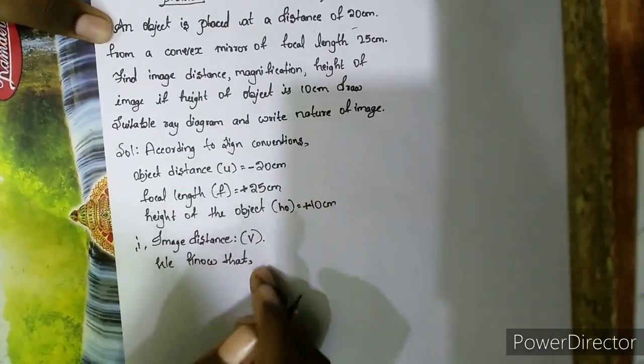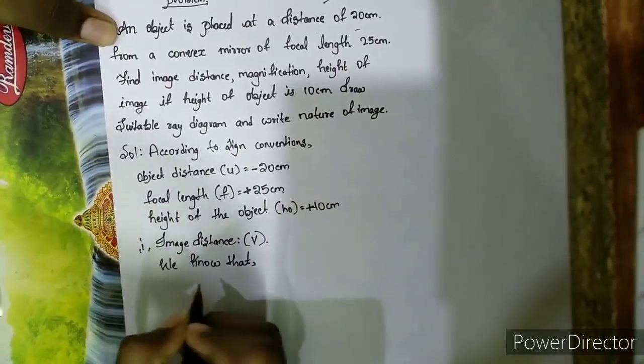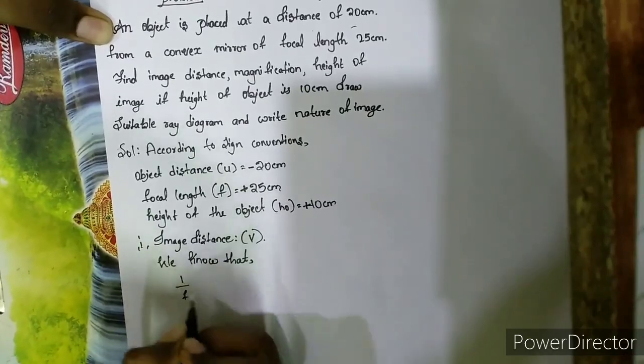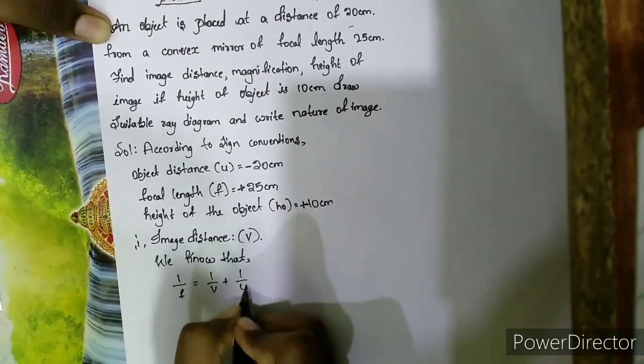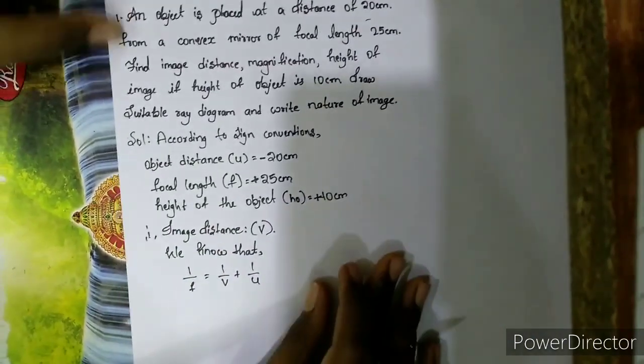We know that the mirror formula is 1 by F is equal to 1 by V plus 1 by U. This is the formula.